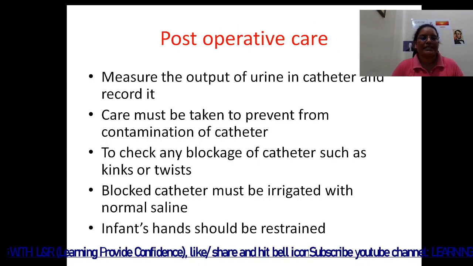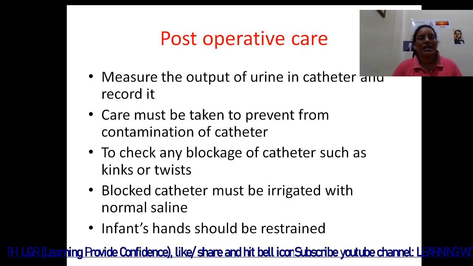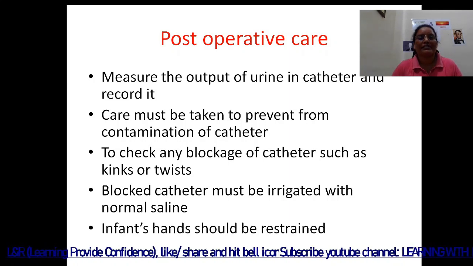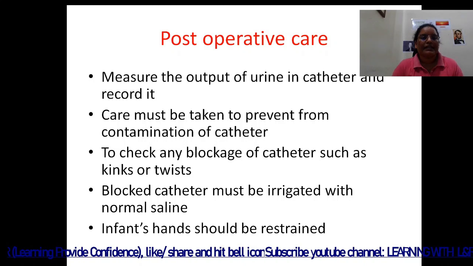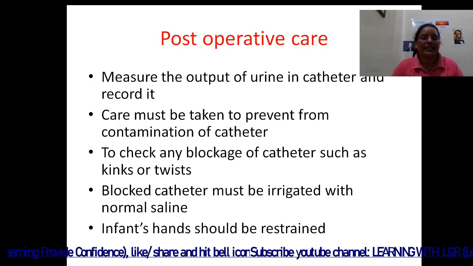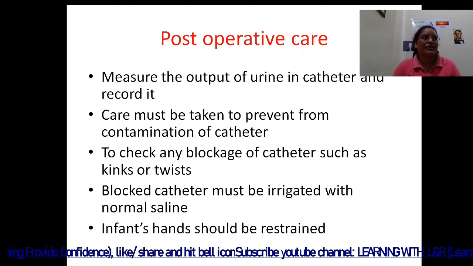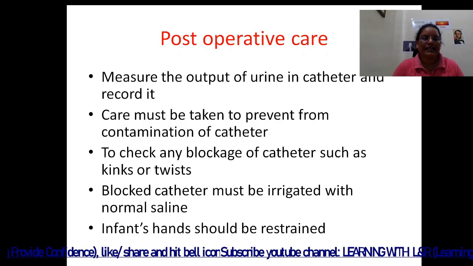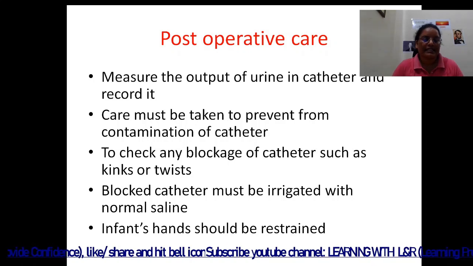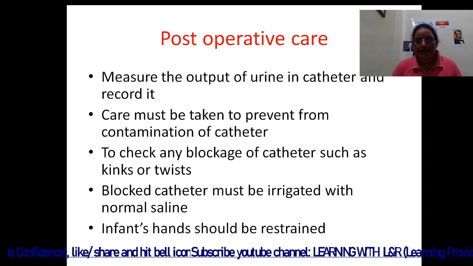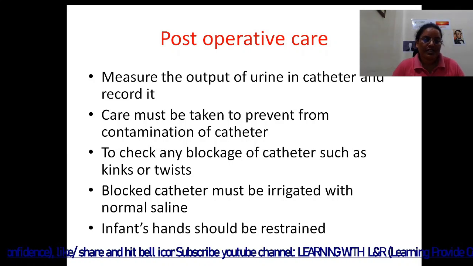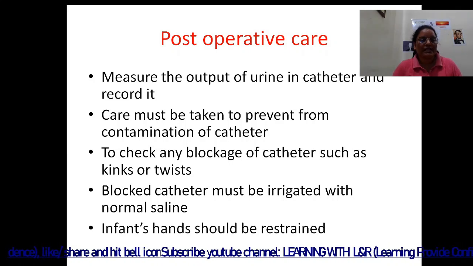After that, postoperative care. Measure the output of urine in the catheter and record it. Care must be taken to prevent contamination of urine and to check for any blockage of the catheter such as kinks or twists. Then a blocked catheter must be irrigated with normal saline.